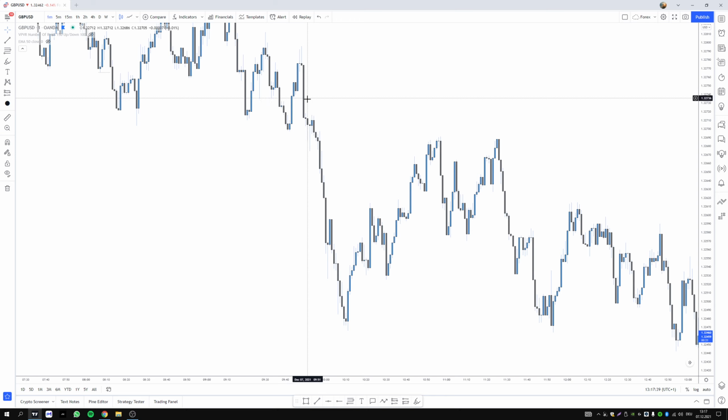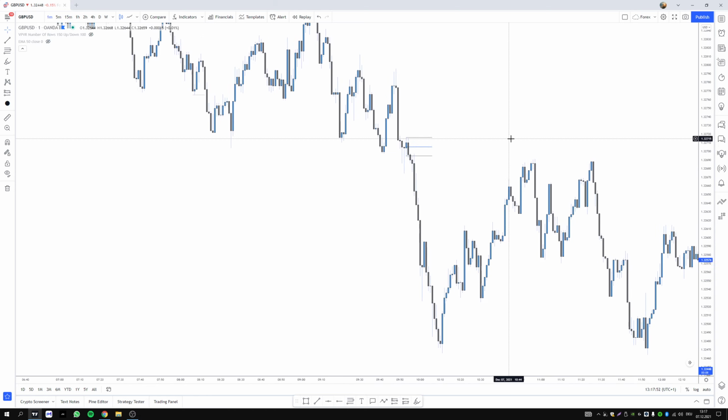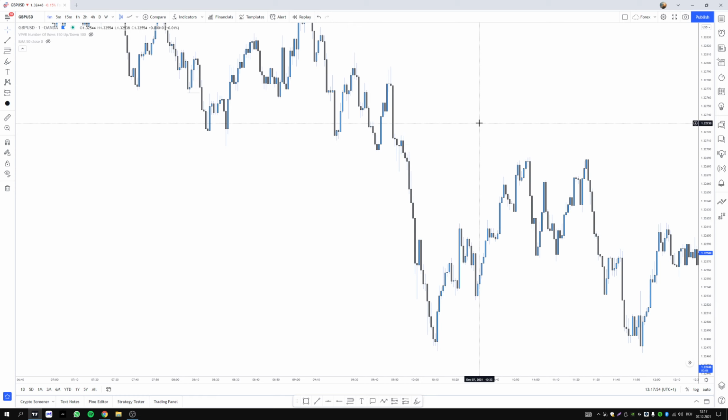So this move didn't make the structure break, but this move did. So I would look for entries at this area, but price never came above into the area to tag me in right there. So this was no trade for me, and I wasn't on the charts at 11 or half 12 o'clock.